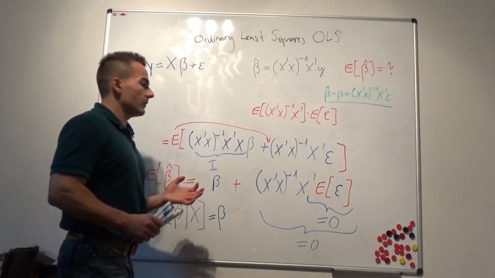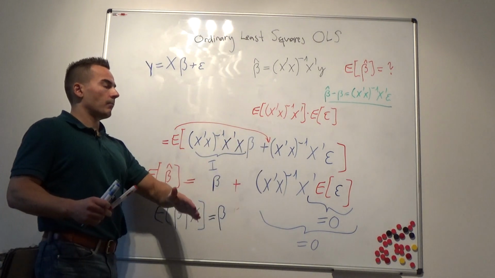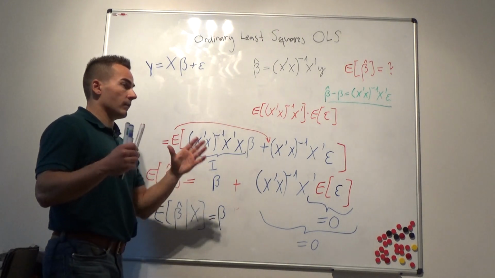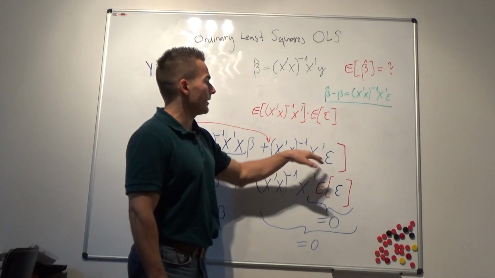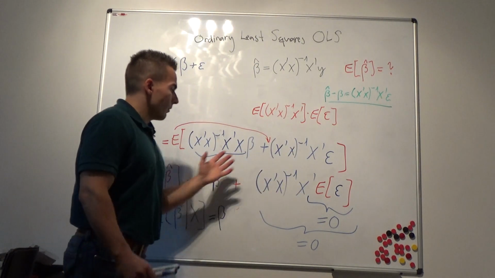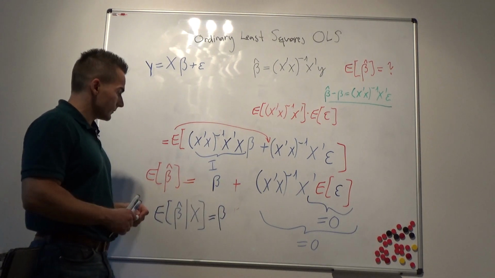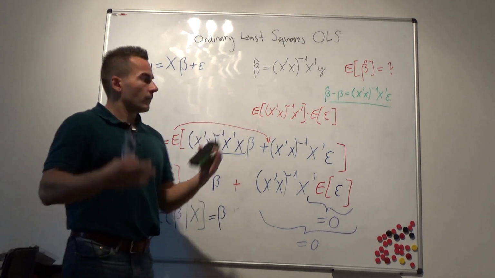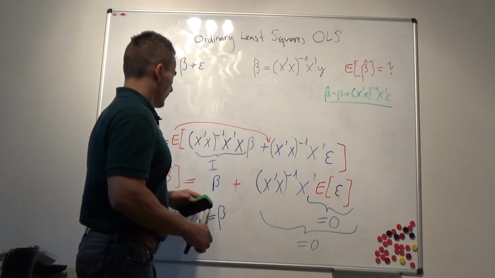For simplicity, we assume that our x is predetermined. But you can have in mind that even if it's random, as long as it's uncorrelated, the same formulas and the same concepts hold as well. Just so that you have a little bit more background knowledge here.